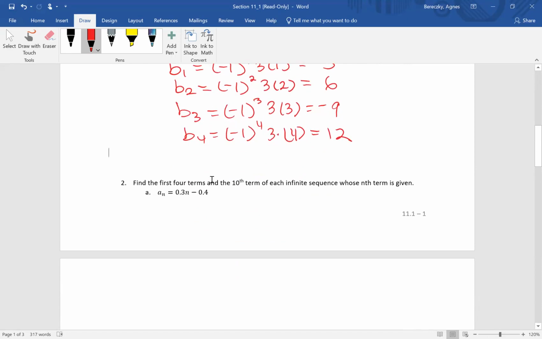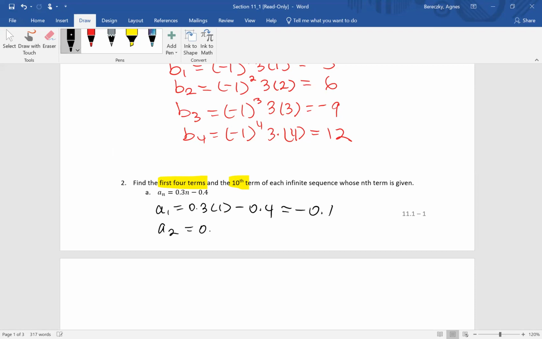Find the first 4 terms and the 10th term of each infinite sequence whose nth term is given. So A1, plug in 1 for n, and then we evaluate 0.3 times 1 minus 0.4, which is negative 0.1.